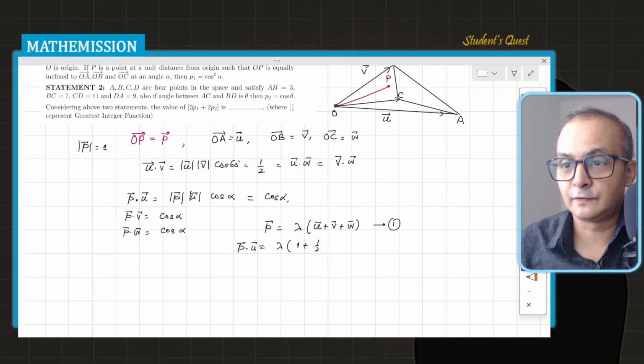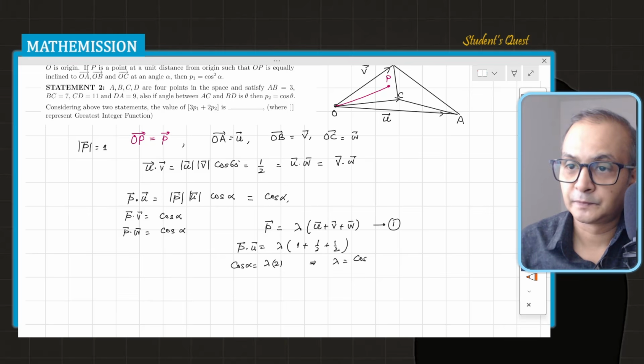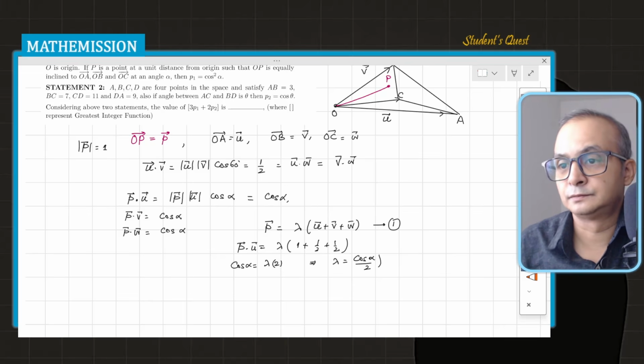So it will become half plus half. And P dot U is already cos alpha. So I got cos alpha is equal to lambda times 2. It means I can write lambda is equal to cos alpha by 2.